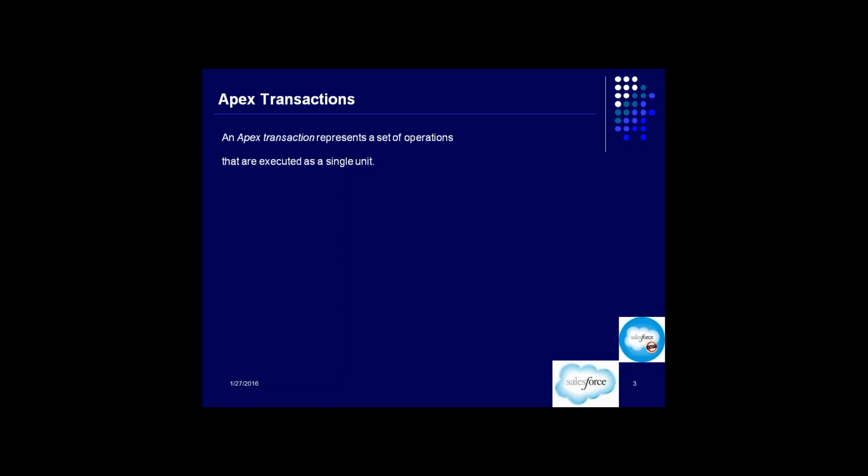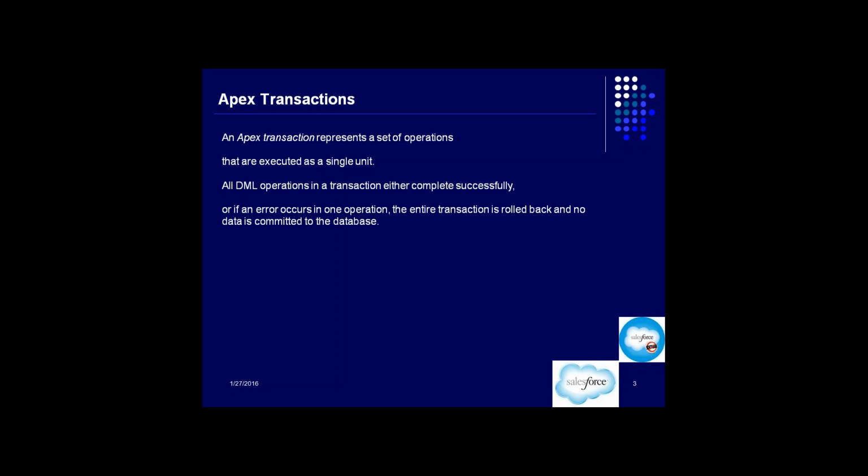And this Apex transaction concept is very important from the DML point of view, data manipulation, or any insert or update in the data which is happening. All DML operations in a transaction either complete successfully, or if an error occurs in one operation, the entire transaction is rolled back.